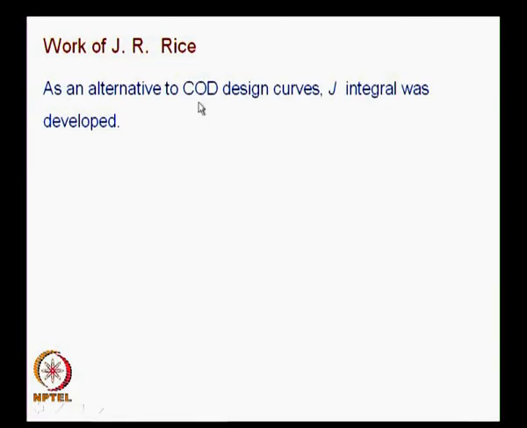And if you look at the literature, the J integral is credited to J.R. Rice, and historically if you look at the concept of COD or CTOD has been developed earlier than J. Around 1961, Wells and Cottrell have reported how to account for problems involving larger zones of plasticity, because LEFM was confined to very small plastic zone.